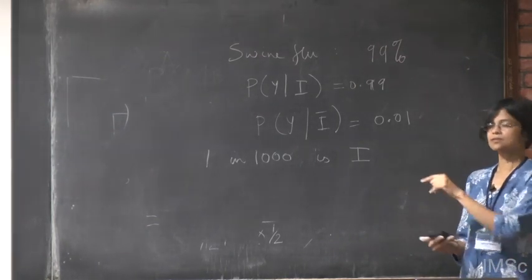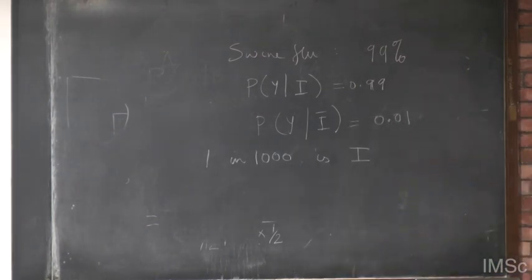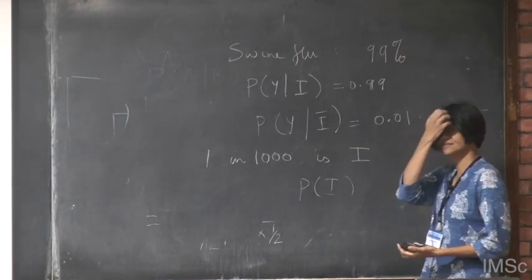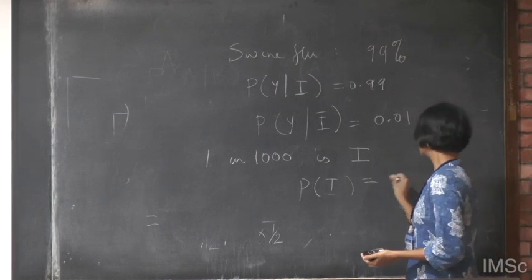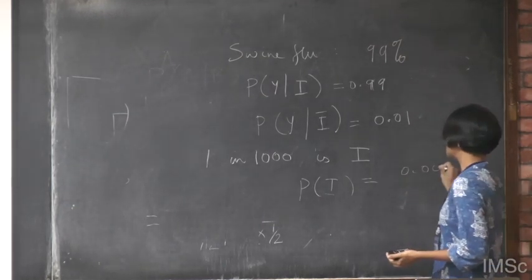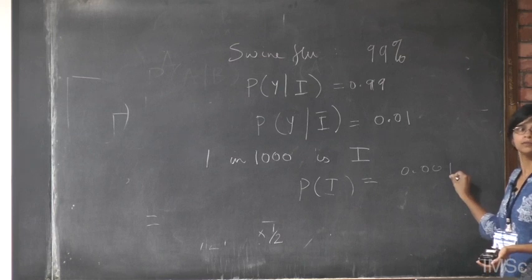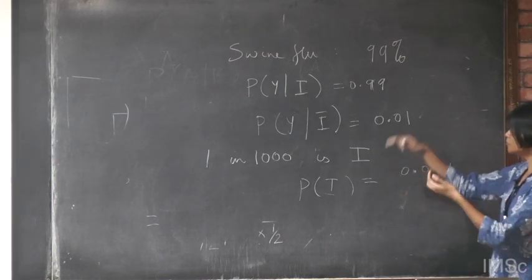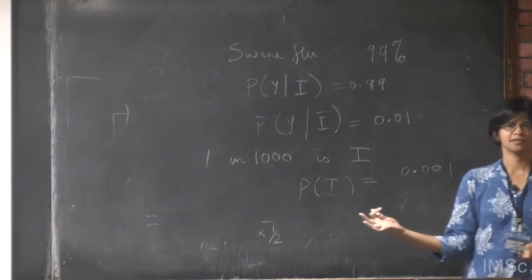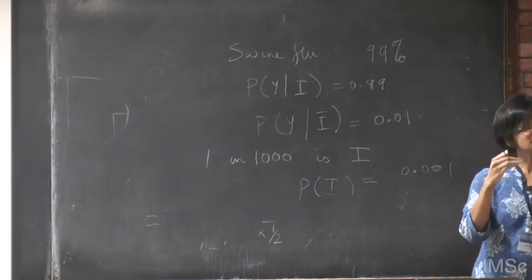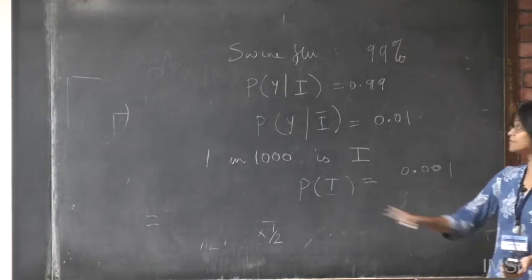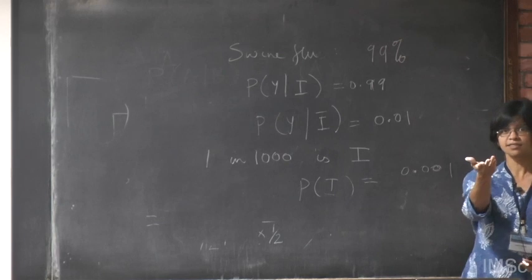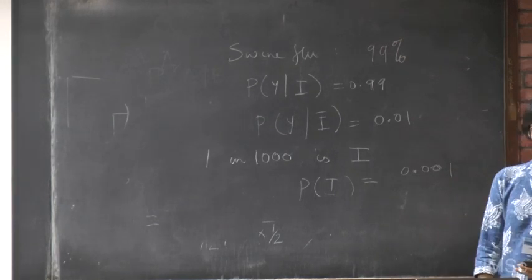So the probability of I, the probability of being infected, is 0.001. So you need to find out, after knowing all these facts, what is the probability that you really have swine flu, given that your test is yes? That is why you're doing all this.